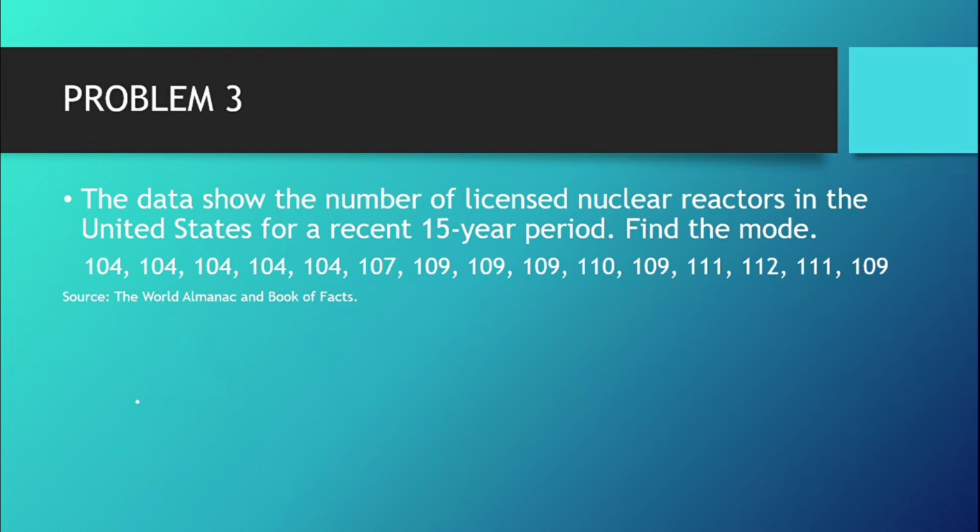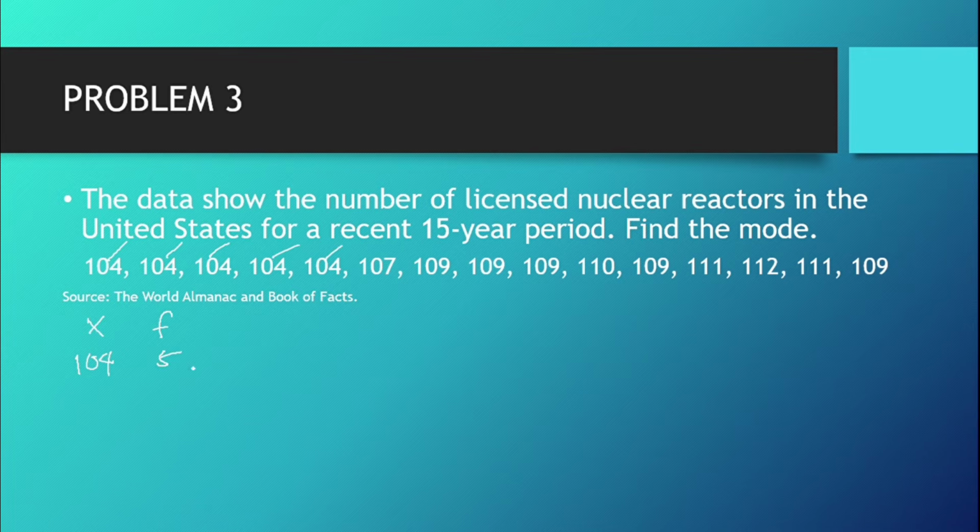Next, problem number 3. The data show the number of licensed nuclear reactors in the United States for a recent 15-year period. Find the mode. So first we're going to jot down the x and the frequency. Let's start with 104: 1, 2, 3, 4, and 5.